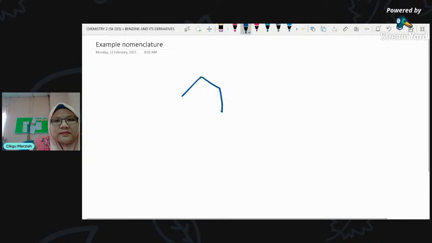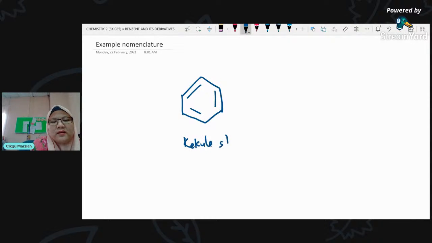So this is benzene. Okay, this is one structure yang kita namakan dia sebagai Kekulé structure. Okay, dia proposed by Kekulé lah. And we also have a resonance.